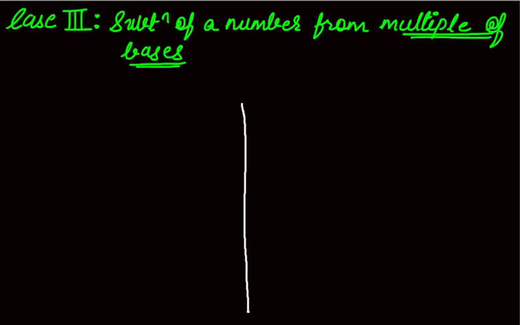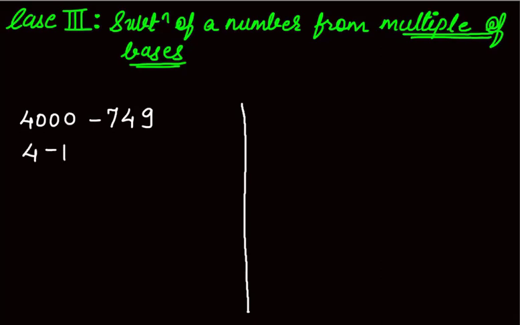Let's take a look at case 3. Now, if we need to subtract a number from a multiple of base like 200, 3000, 40,000 and so on, then simply reduce 1 from the multiple of base and write the complement of the number which is to be subtracted. Let's understand it with an example. To subtract the number 749 from 4000, we'll reduce 1 from the multiple of base.